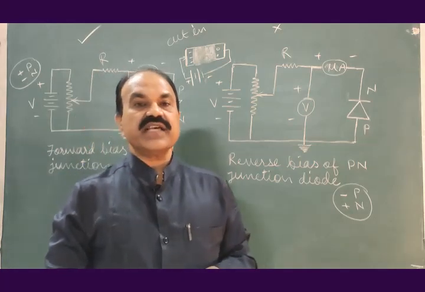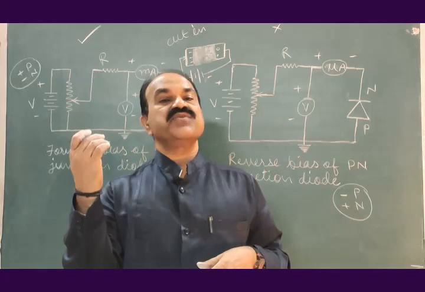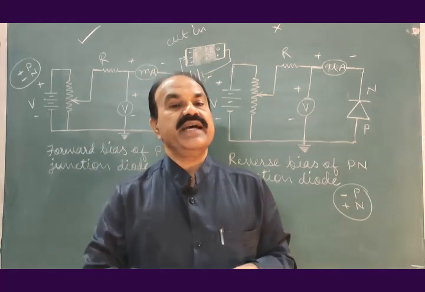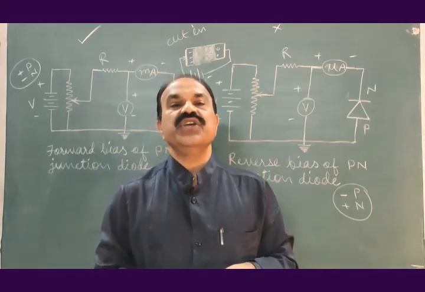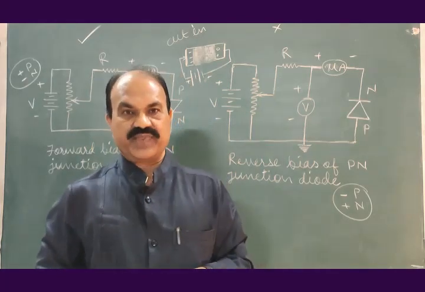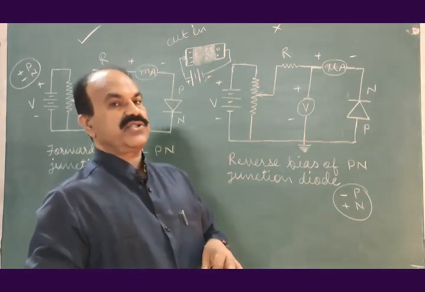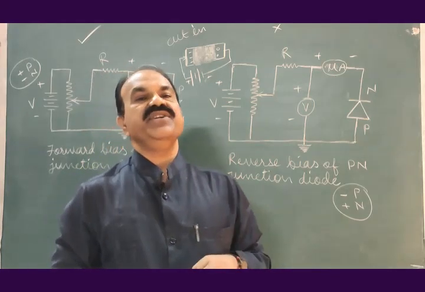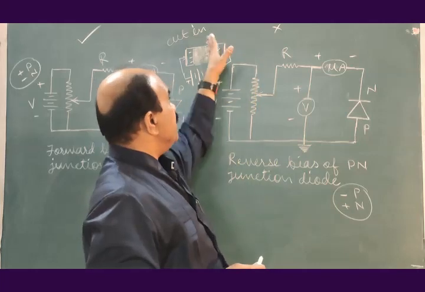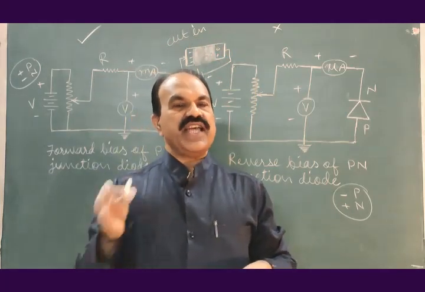The voltage at which suddenly very large current starts flowing through the reverse biased PN junction diode is known as breakdown voltage. And if breakdown occurs in the reverse biased PN junction, the junction is permanently damaged.